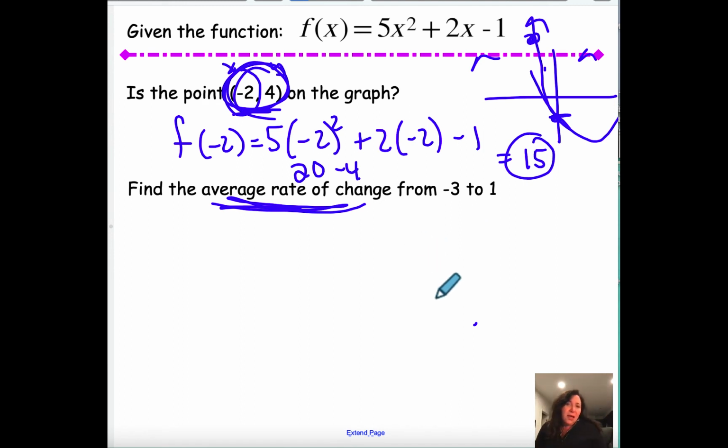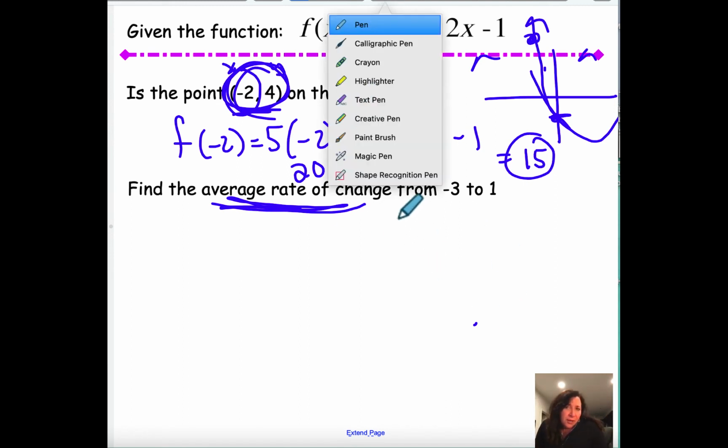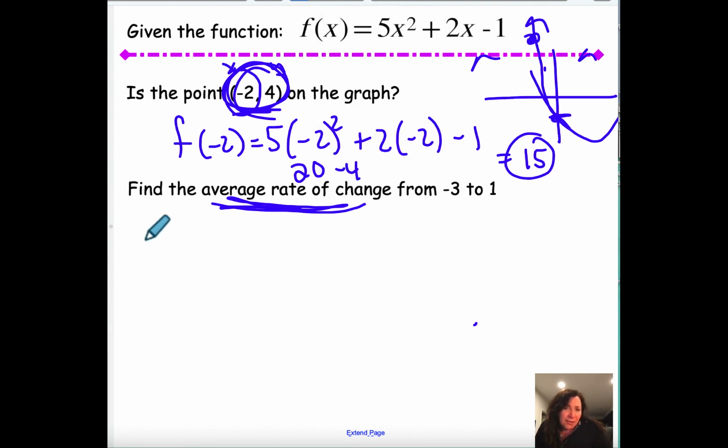Okay, well, there's a slope formula that you can use, and that is to find the slope, you're going to subtract our y's over subtract our x's. I like to use letters for these. So I'm going to call this A, I'm going to call this B, okay?